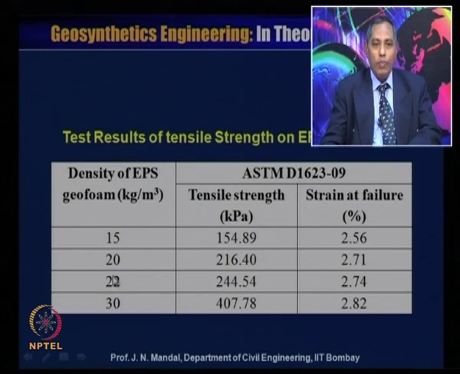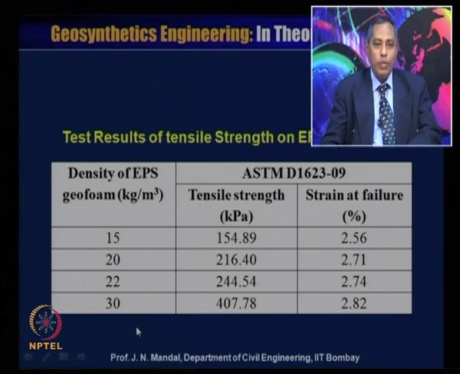When the density is 20 kg per meter cube, the tensile strength value is 216.40 kilopascal and strain at failure 2.71%. When the density is 22 kg per meter cube, the tensile strength is 244.54 kilopascal and strain at failure 2.74%.